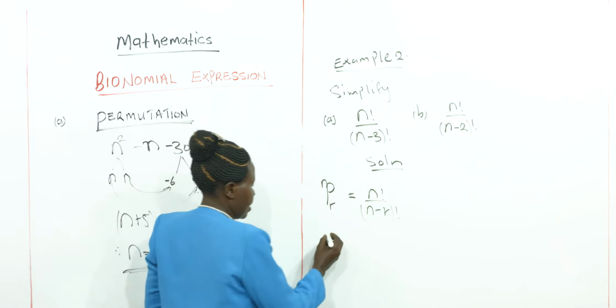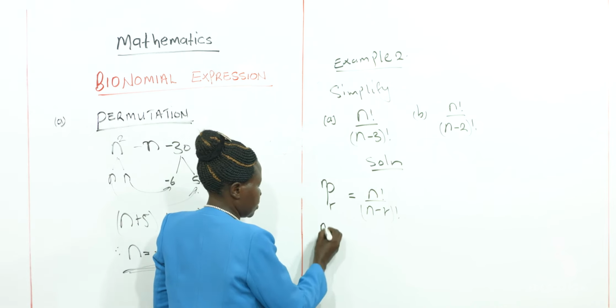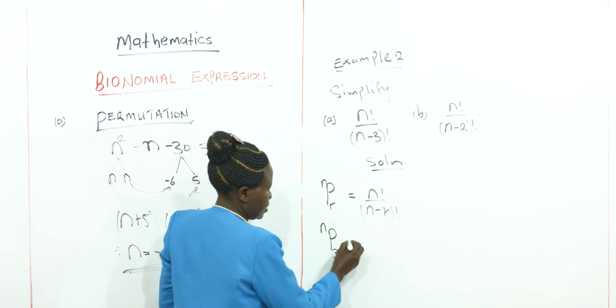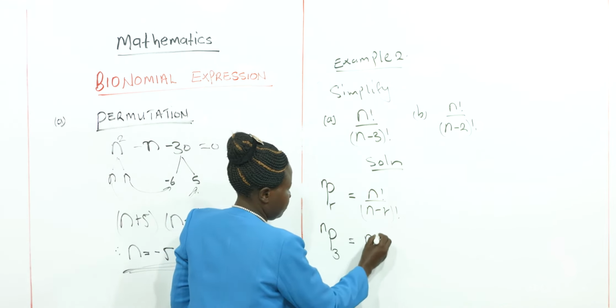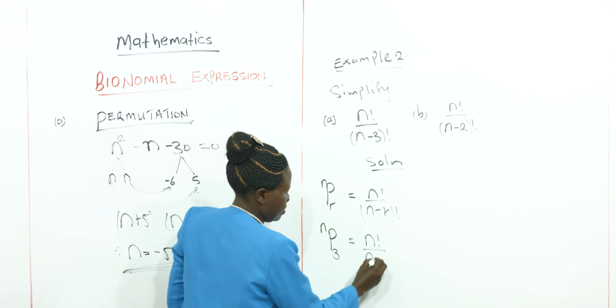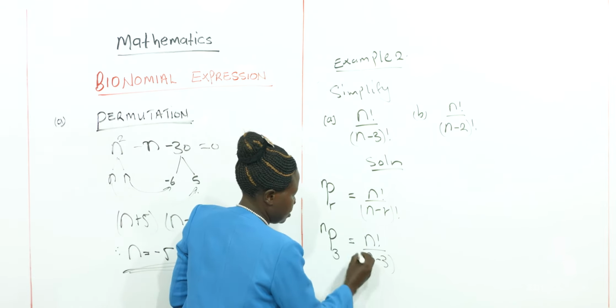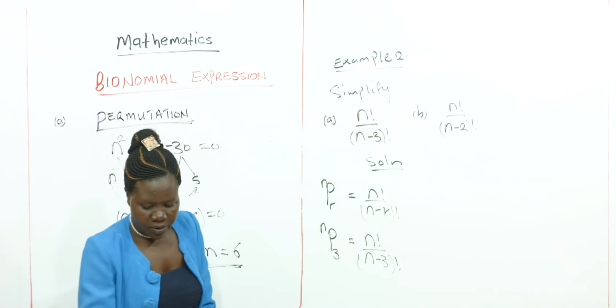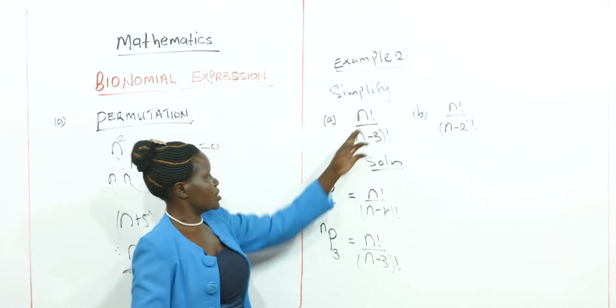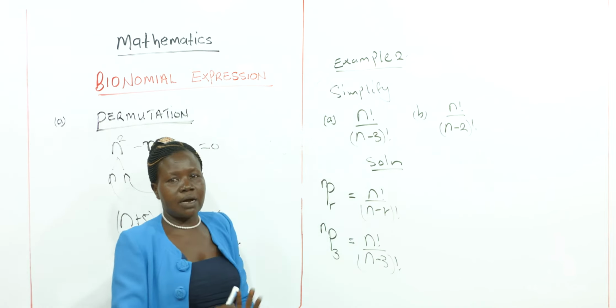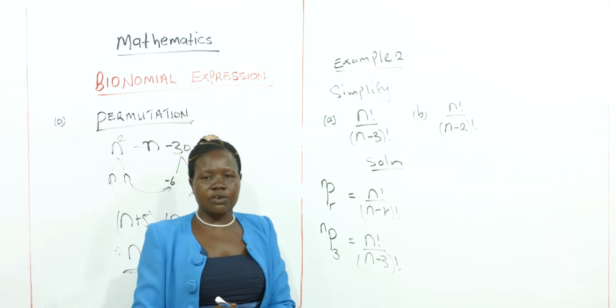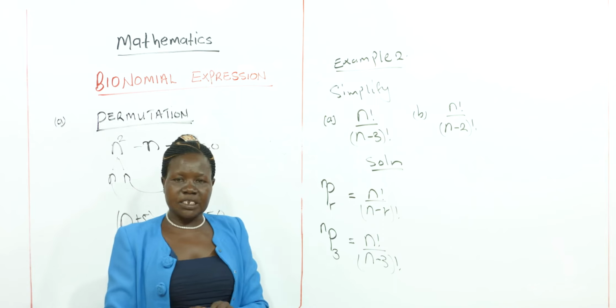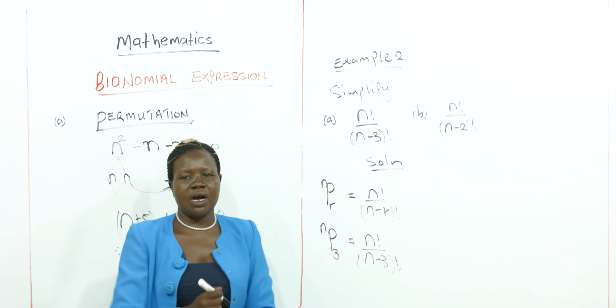So you will have nP3 equals to n factorial over n minus 3 factorial. So don't always rush by saying that since there is nothing here, I am no longer going to state the formula. Take note of this, that in mathematics, the formula matters a lot more than your working.